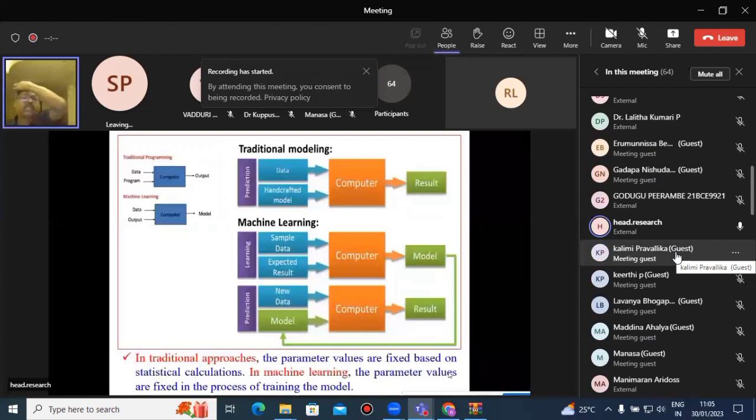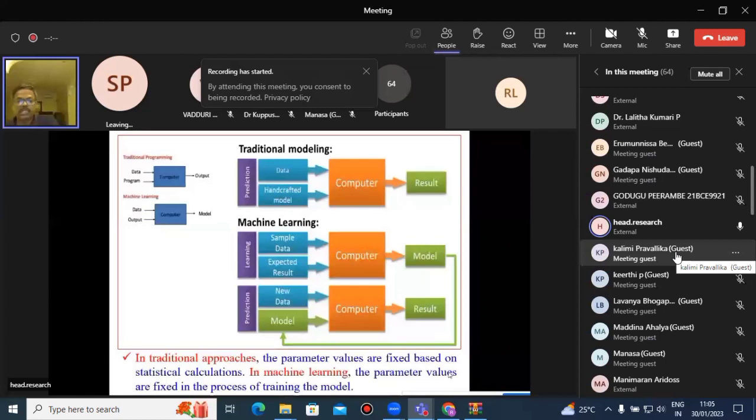We see the traditional model: prediction, data, and the handcrafted model you are giving to the computer, and it gives the results. In machine learning, we are taking sample data, expected results, and new data, and giving input to the computer, and it gives the model and predictions.